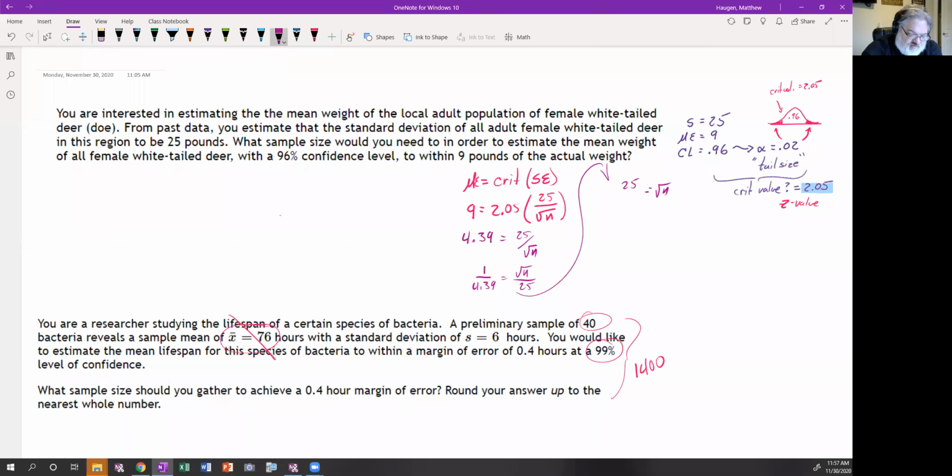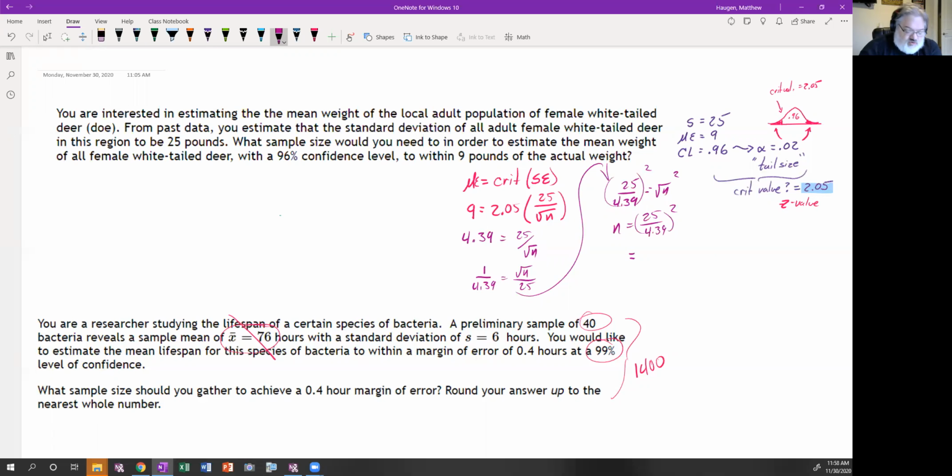Again, you could have divided that off first, but then people tend to lose that 1 on top over 4.39. You can also multiply both sides by the square root of n and then divide by 4.39. It's all up to you. Or you could use that formula that your text gives you, whatever you like.